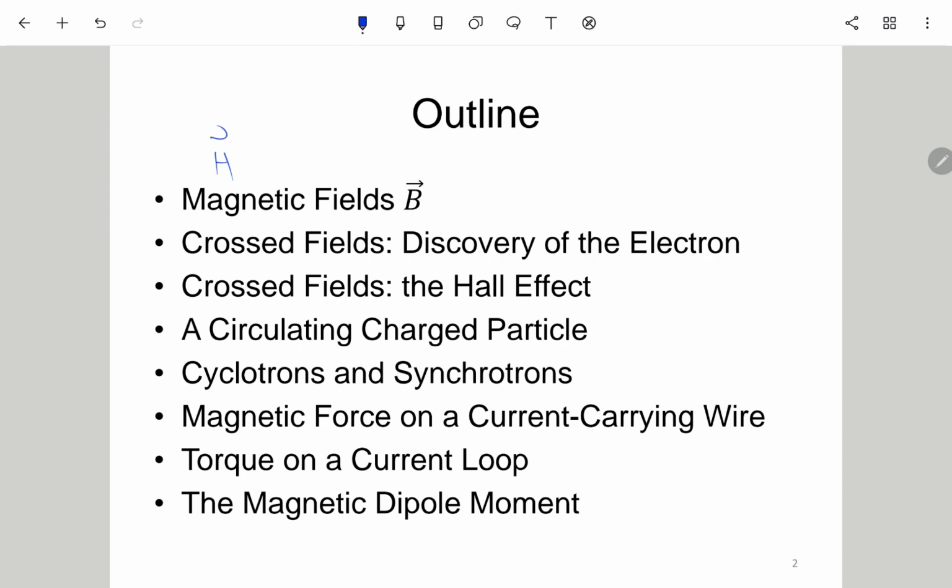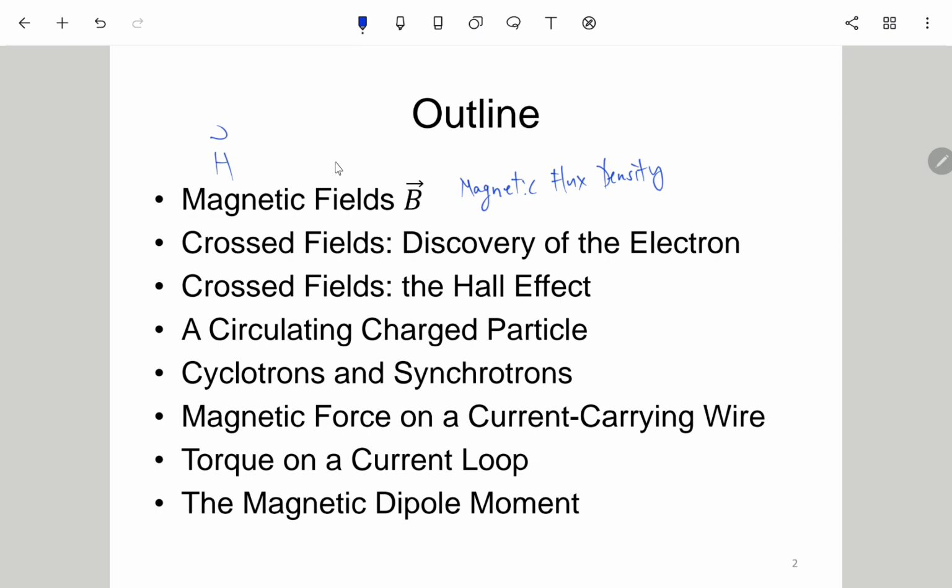The correct name for the B field is magnetic flux density. But if I still try to call it magnetic flux density, you may be confused, because in this textbook it always calls it the magnetic field.